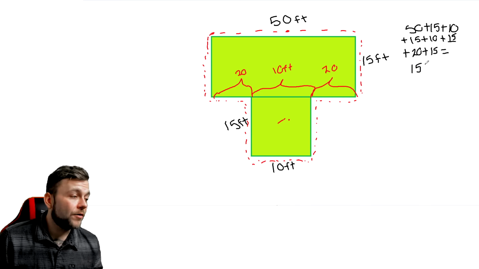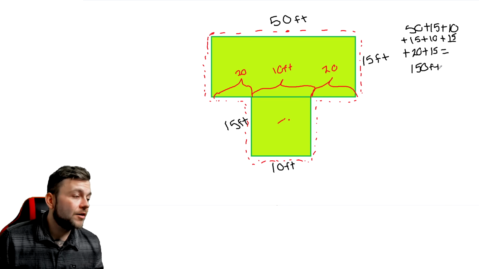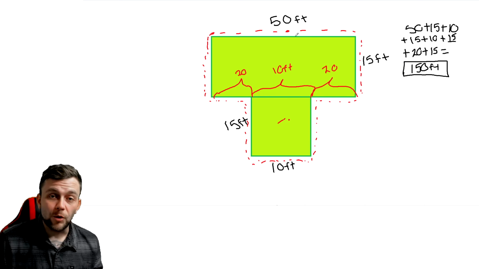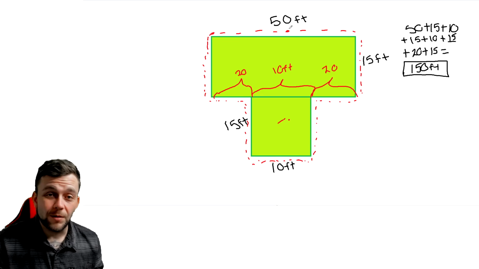So 150, what's our units? Feet. So we have 150 feet of perimeter. If we were to walk around, it would be 150 feet. So roughly about somebody's yard.